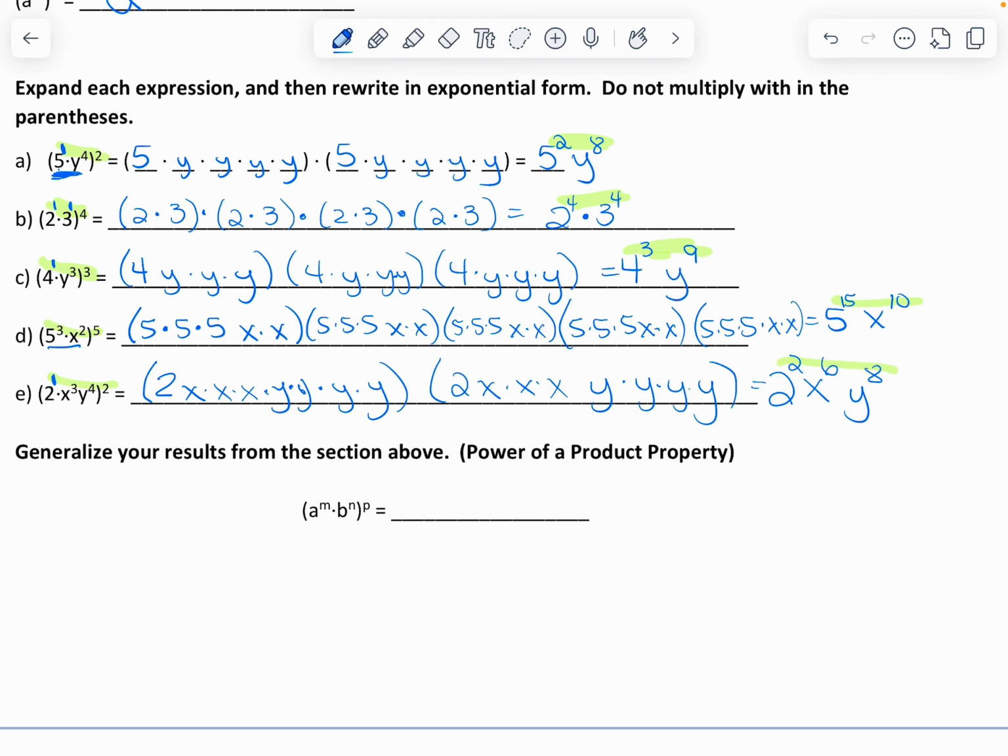So my exponent of 1, we take 1 times 2, we got 2. And then 4 times 2, we got 8. So what we're doing is we're taking this exponent right here and multiplying these two together. So M times P, and then I write my B, and I multiply these two together, N times P.